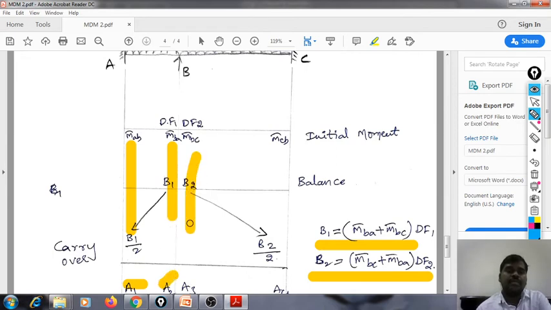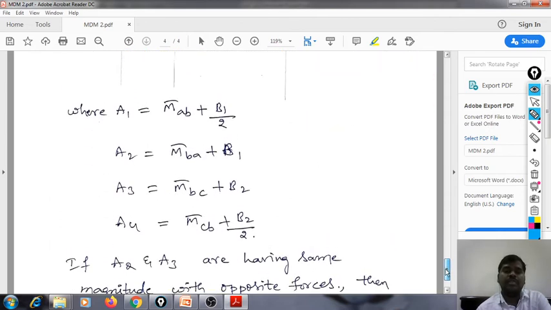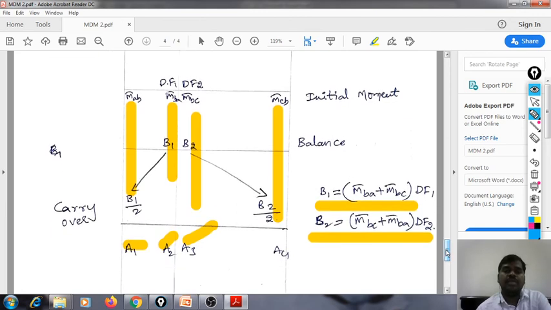And m bar BC and B2 by 2, we will get this. Likewise m bar CB and B2 by 2 will give A4, already written here. A4 is nothing but m bar CB plus B2 by 2. Fine, so this is completed.